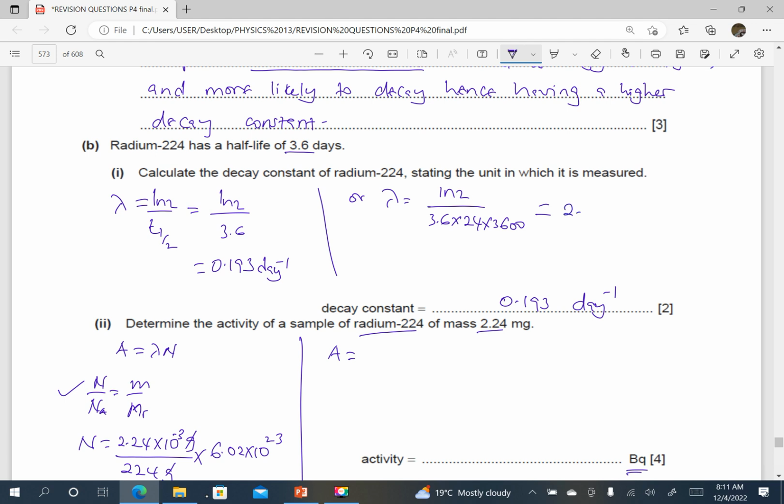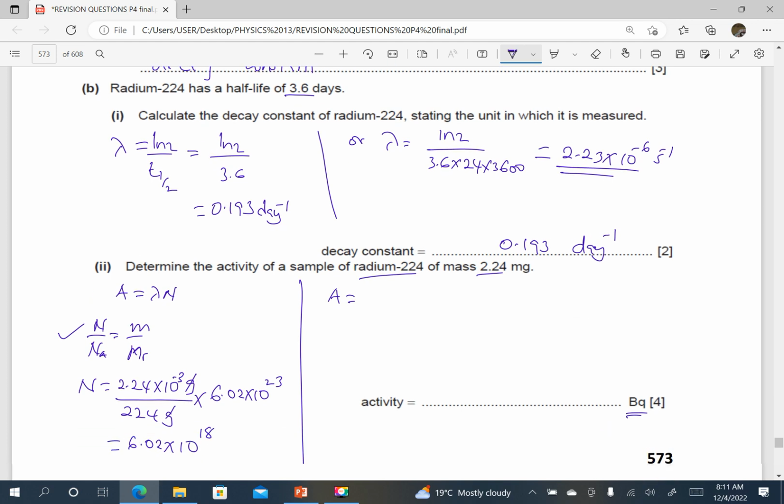So this is 2.23 times 10 power negative 6 per second. Since in part 1 they didn't specify which unit, of course you could have either of the two answers, but in part 2 you need the one in per second. So this would be 2.23 times 10 power negative 6 per second.